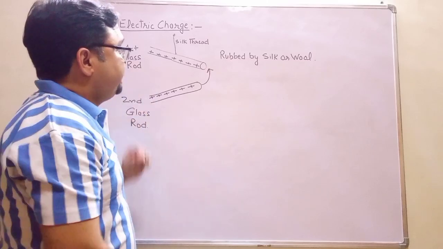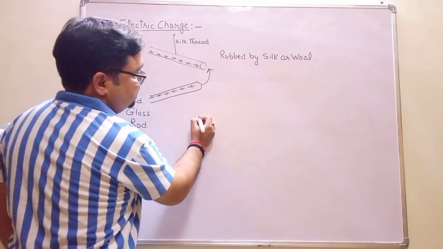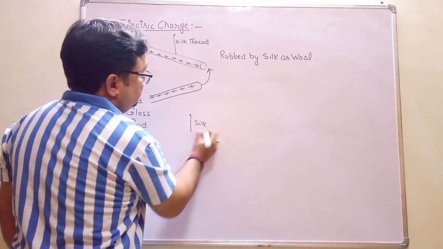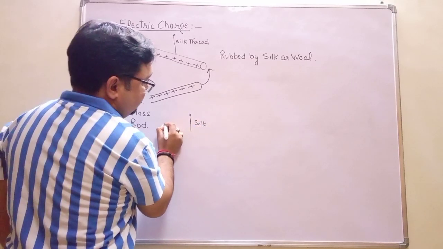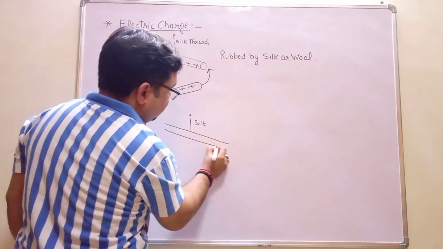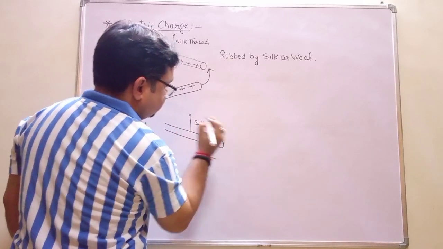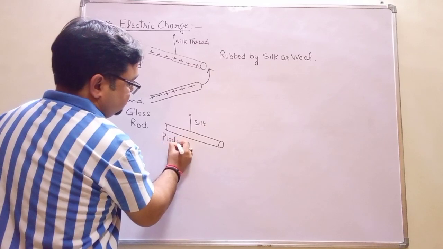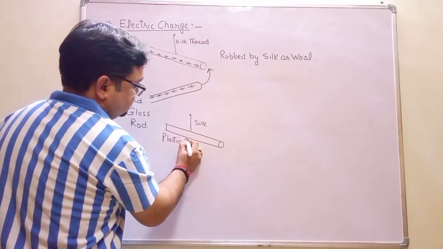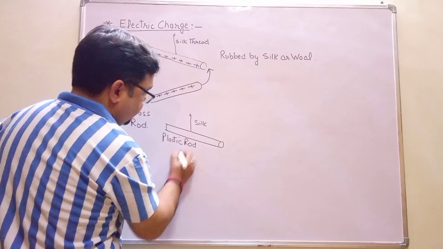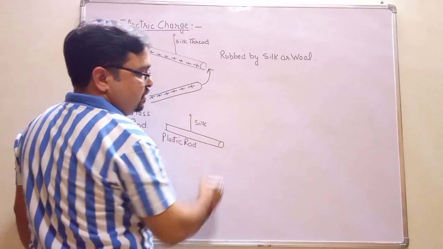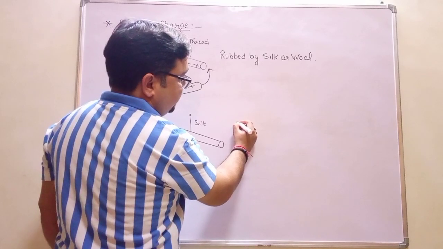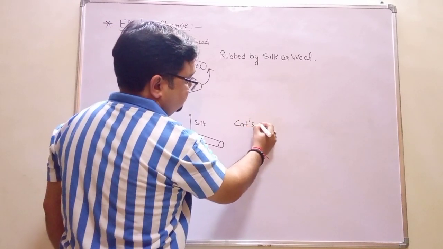Similarly, if we take a rod suspended by silk thread, not a glass rod, this time we will take one plastic rod. This is the plastic rod, and we rub this plastic rod, which is suspended with silk thread, by cat's fur.